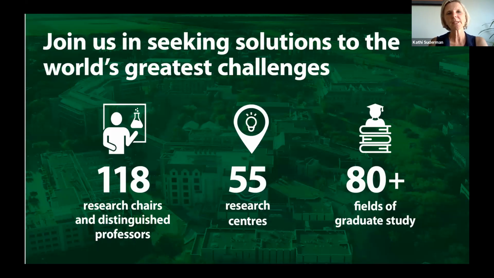The University of Saskatchewan, in terms of our graduate study program, the College of Graduate and Postdoctoral Studies, has 118 research chairs and distinguished professors, 55 research centers, and more than 80 different fields of graduate study.